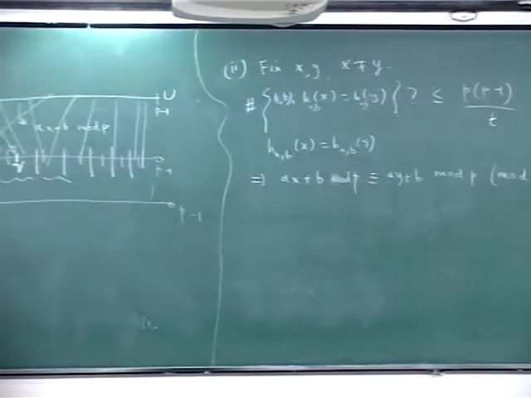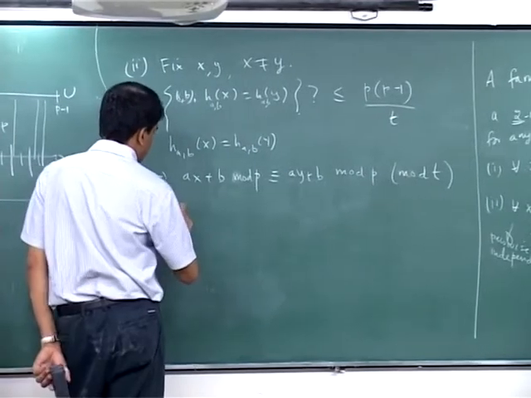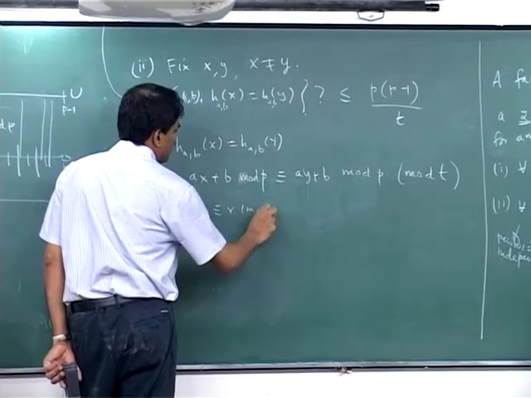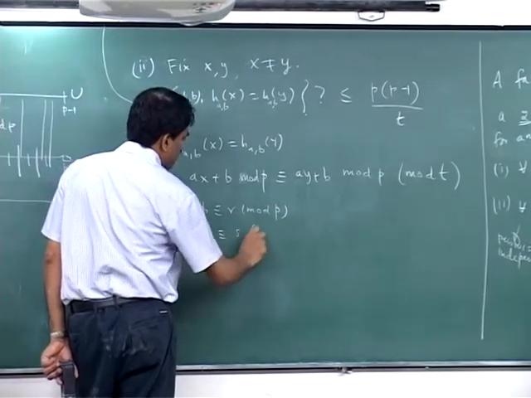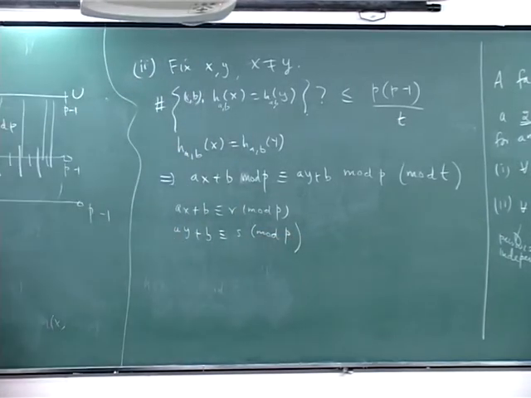So again, let's suppose ax plus b is congruent to r mod p, and ay plus b is congruent to s mod p. Then how many solutions are there for a and b?